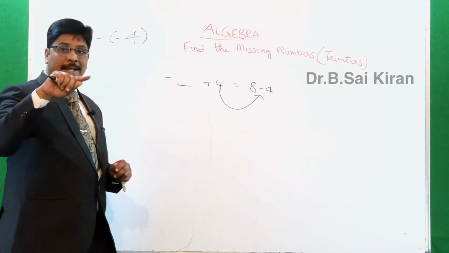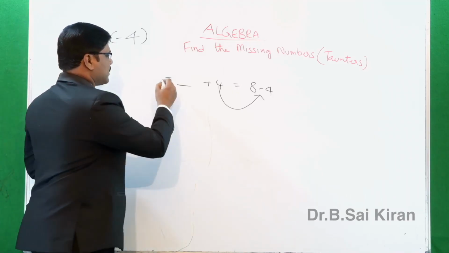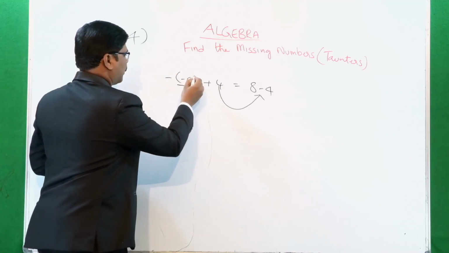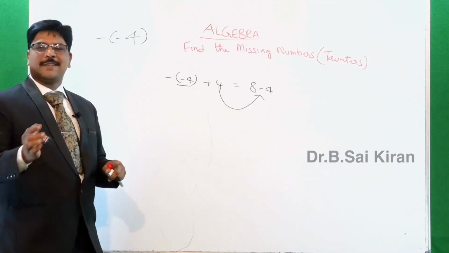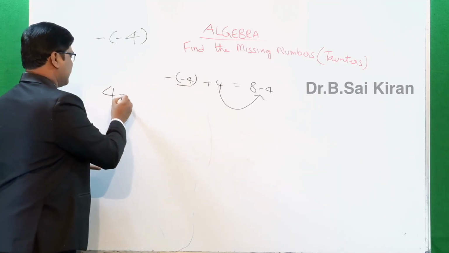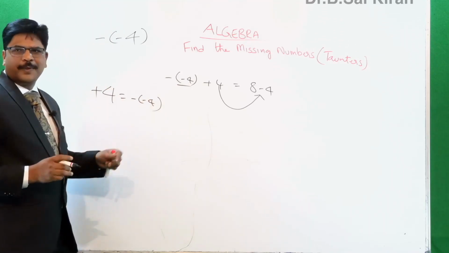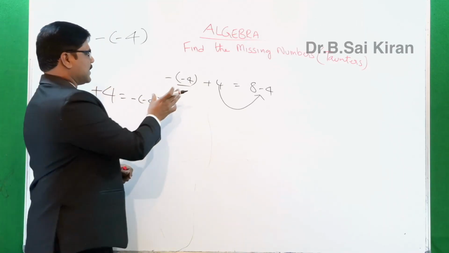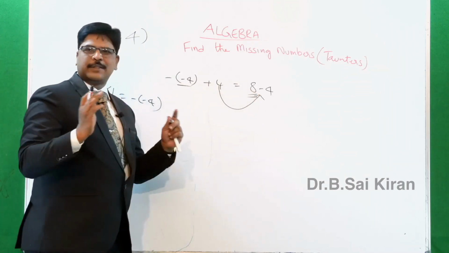Of means into again. So minus of minus 4 means plus 4. So 4 is equal to minus of minus 4, or you can say plus 4. Yes, so here's the answer. Plus 4 plus 4, 4 plus 4 is equal to 8. So that's why it's called a taunter, right?